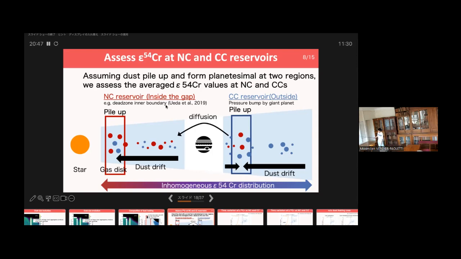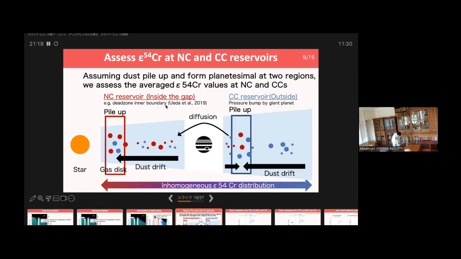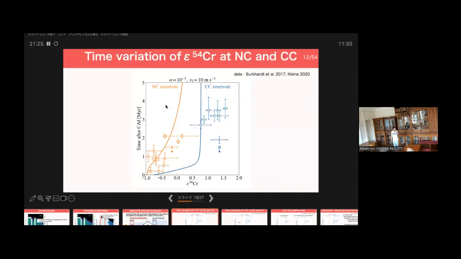So we calculate the epsilon chromium value of the MC reservoir, determined by the sum of dust aggregates which pass through the inner region of our calculation. Based on this assumption, we derive the time variation of epsilon chromium values of the MC and CC reservoirs.